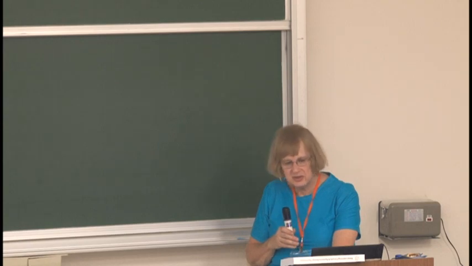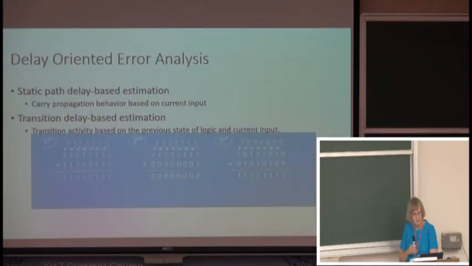Okay, so the question is, what's the error model for that? Seon came up with very interesting models. Previous work had come up with what turns out to be a pessimistic model for delay. Seon's model is more accurate because his model is not simply combinational, it's sequential.